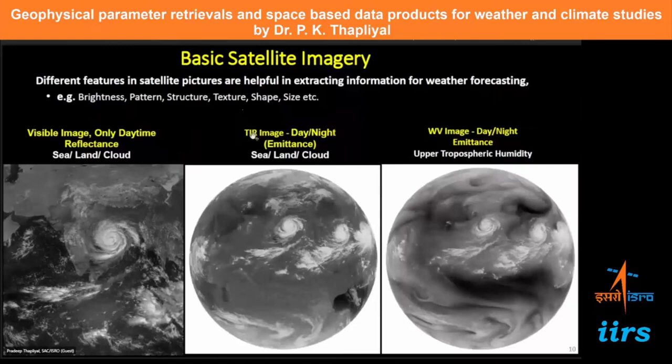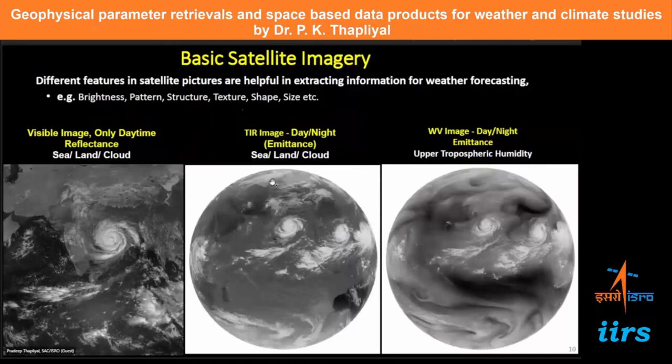But if you make measurements in thermal infrared, there is no solar radiation, because solar radiation is available only up to 3 or 4 micrometer, peaking at 0.5 micrometer in the visible region. The thermal infrared radiation is emitted by Earth's surface, whose typical temperature is about 300 Kelvin, and that gives you peak radiation around 10 to 12 micrometer.